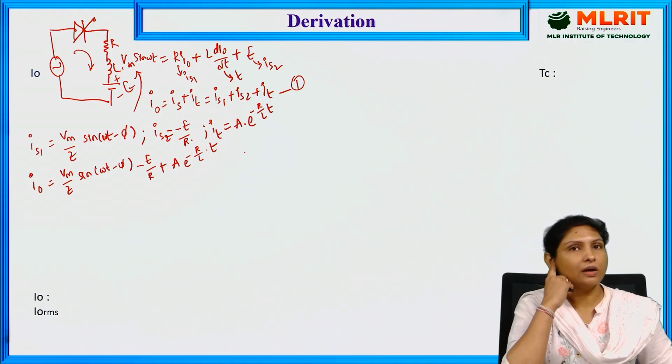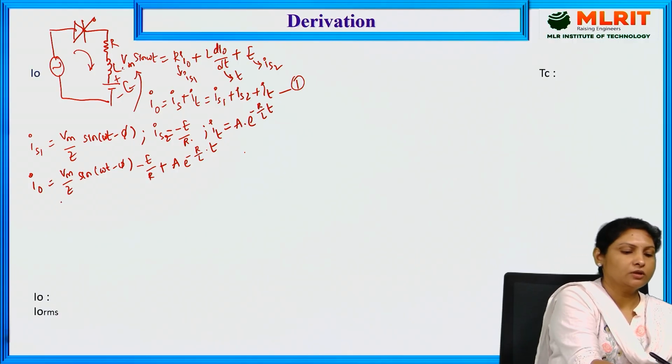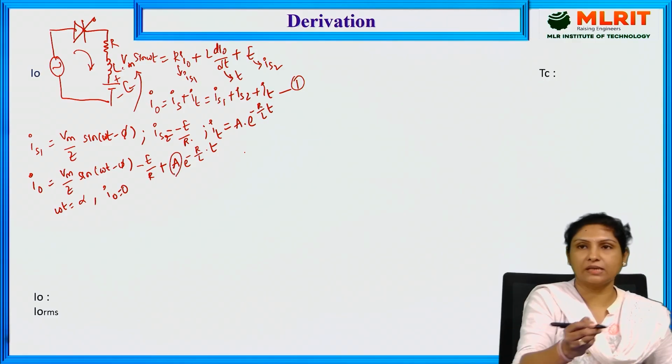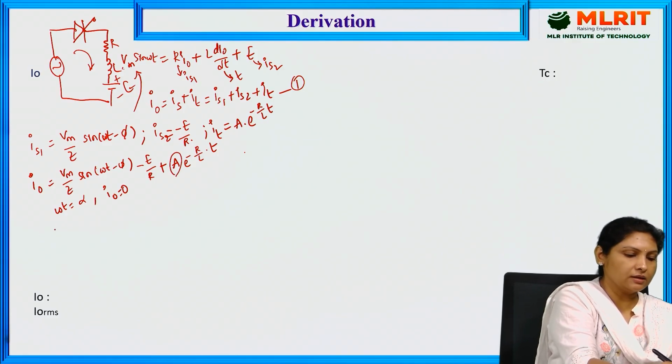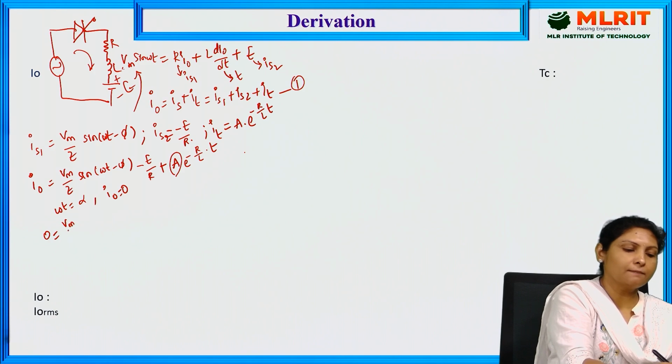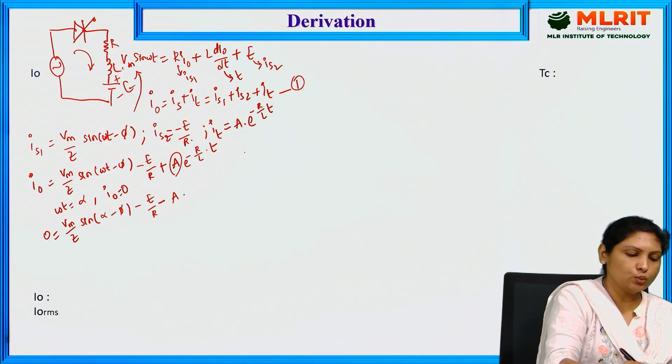And in order to obtain A, let me assume the condition for the waveform where omega t is equal to alpha and I0 is equal to 0, so that I can obtain the value of this A. In that case, I substitute I0 is equal to 0 in this equation, which is equal to Vm by Z sine of alpha minus phi, minus E by R, plus A into e power minus R by L into t.